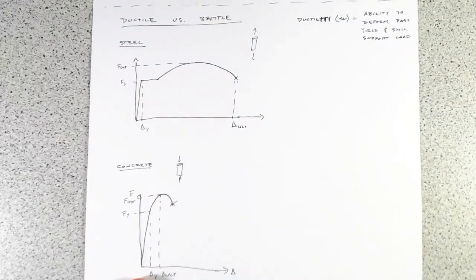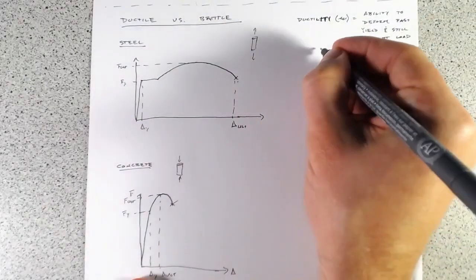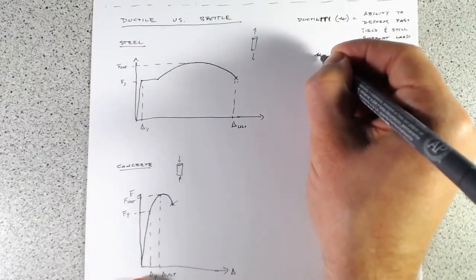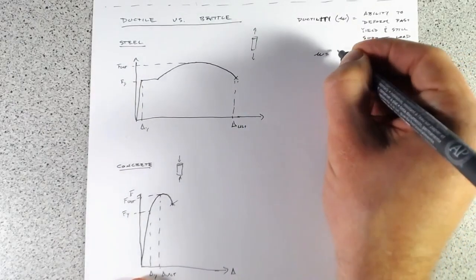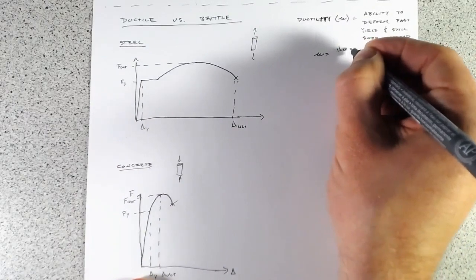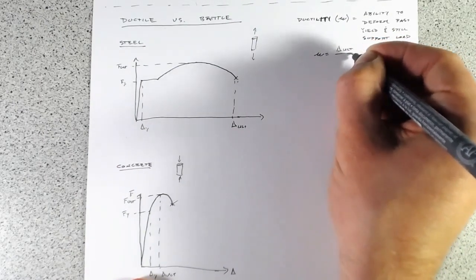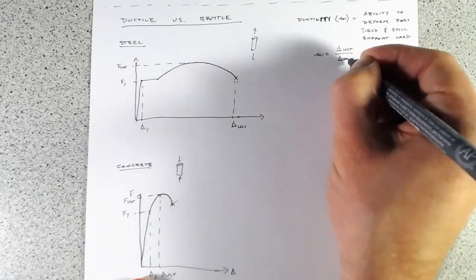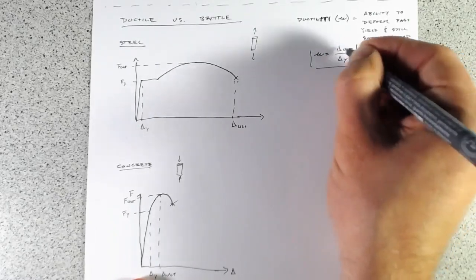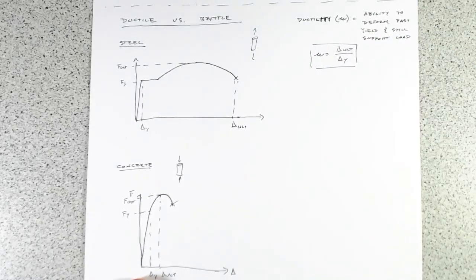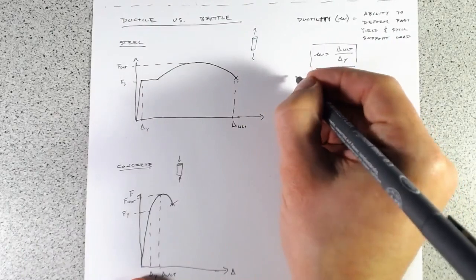And it's a really simple equation. So mu equals the ultimate displacement divided by the yield displacement.